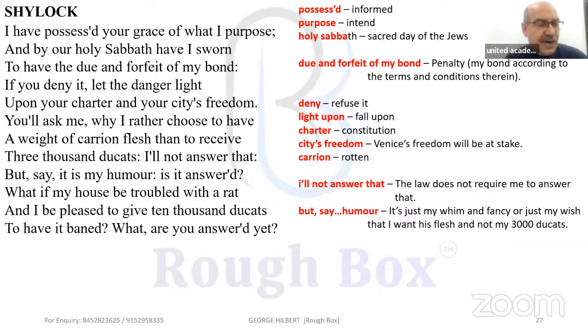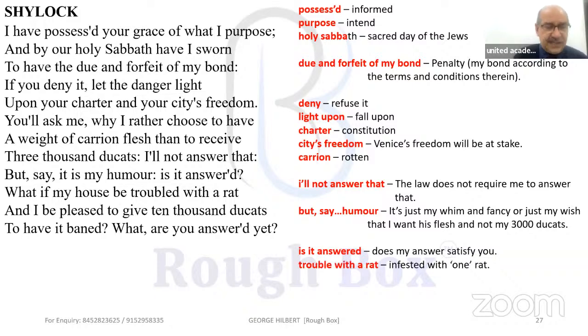And as if the answer did not satisfy the Duke, Shylock continues. He says, what if my house is troubled by a rat? What if my house is infested with a rat? One rat, single rat. And when he says a rat, he looks at Antonio to ridicule him. Maybe like Antonio.